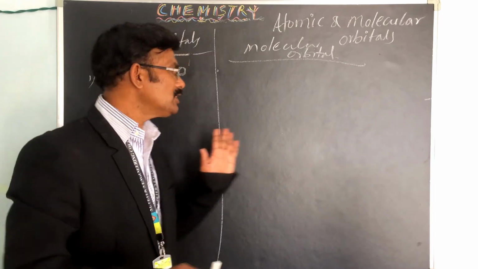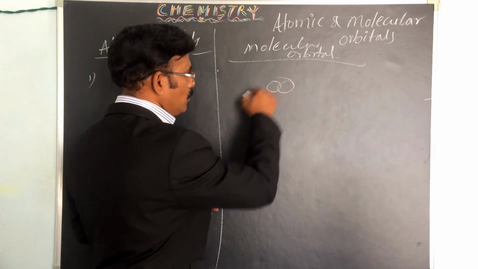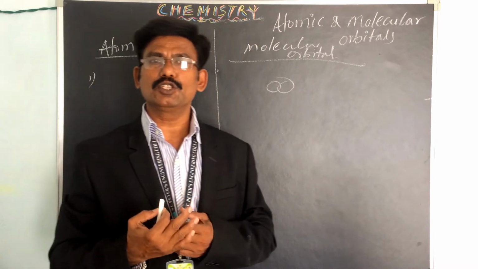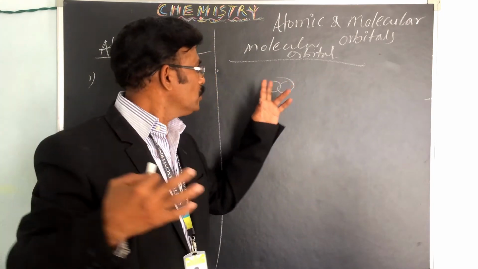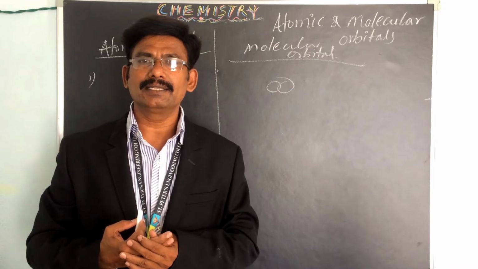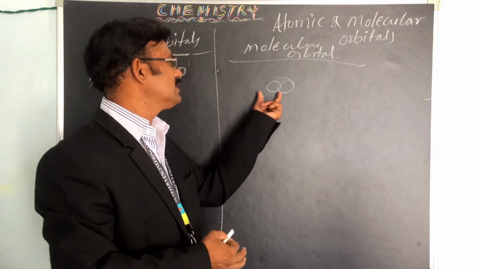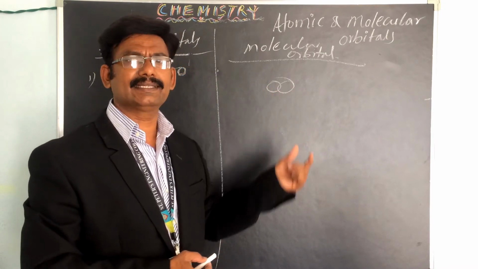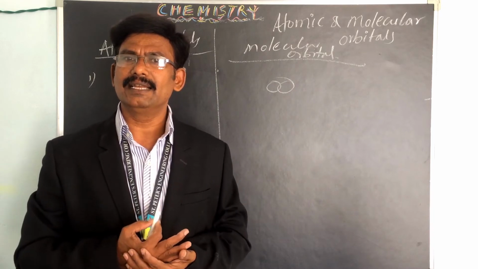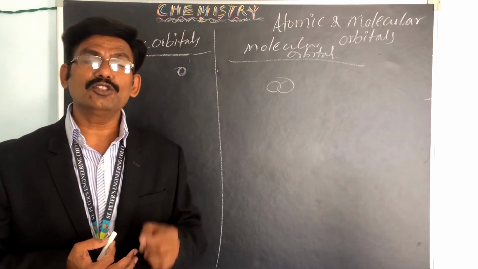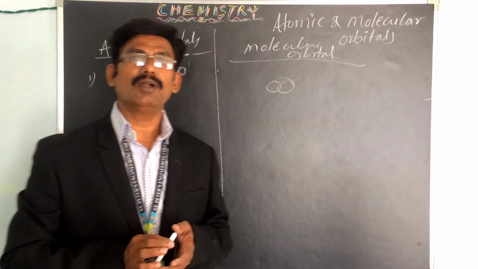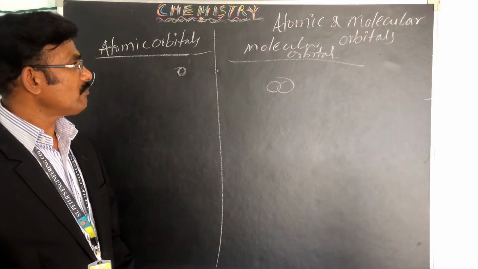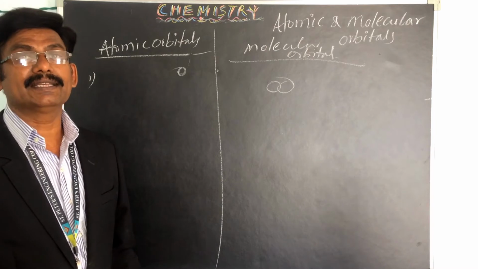Fusion of two atomic orbitals having nearly the same energy levels, like pp or ss, forms a molecular orbital. That is the main second difference.